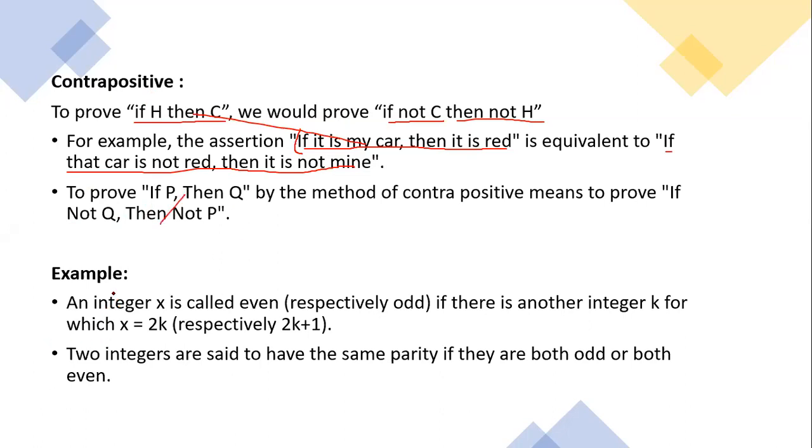Here I have one example. An integer x is called even. We know what is odd, what is even, right? An integer x is called even if there is another integer k for which x equals 2k.